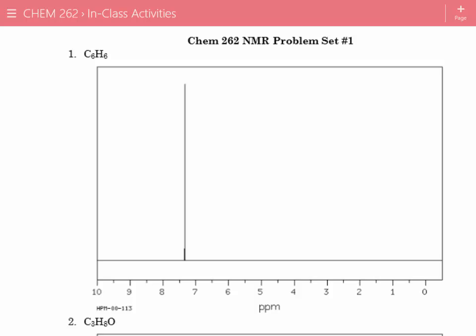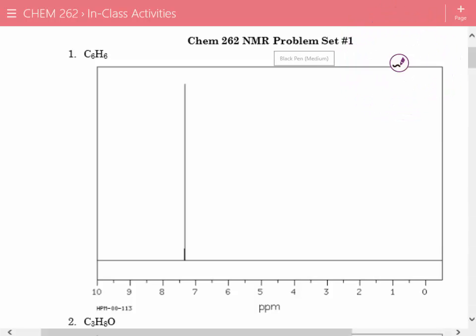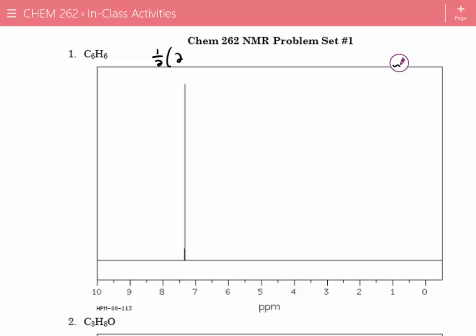Before we do anything, let's determine the HDI for this molecule. What do you think the HDI would be? It's going to be 1/2 (2C plus 2 minus H). I'm not going to include the nitrogens because we obviously don't have any.